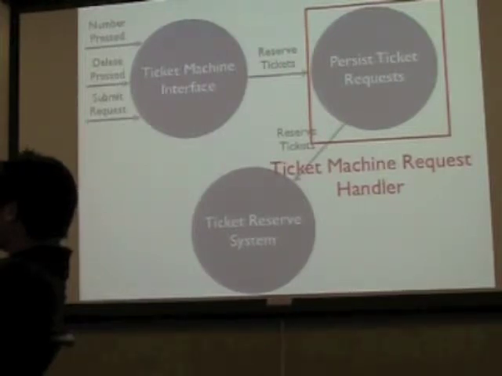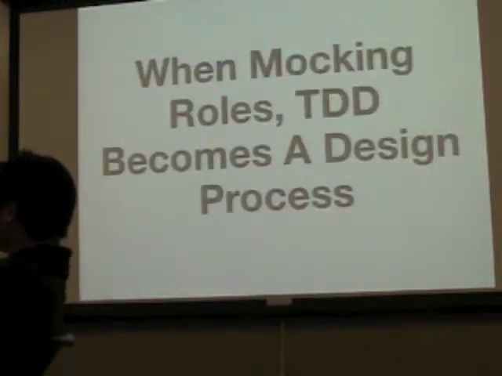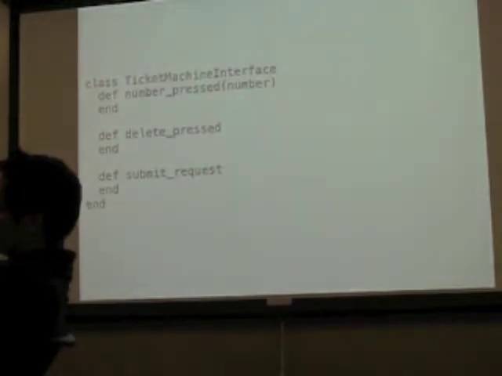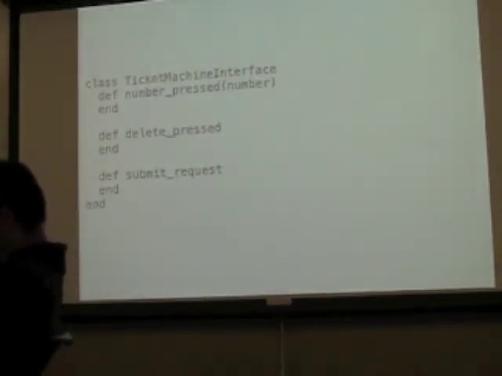And it needs something to handle these requests. It doesn't need to care how it handles the requests. It just needs an object that is going to handle the request. And so when I'm mocking the roles, TDD becomes a design process. It says, okay, how can I decouple this object from its surrounding neighbors? And so I would start with this interface.